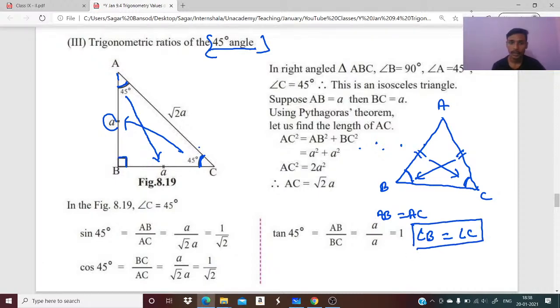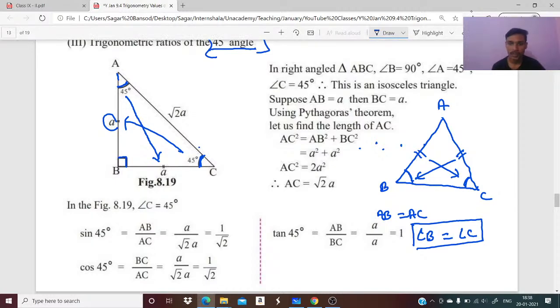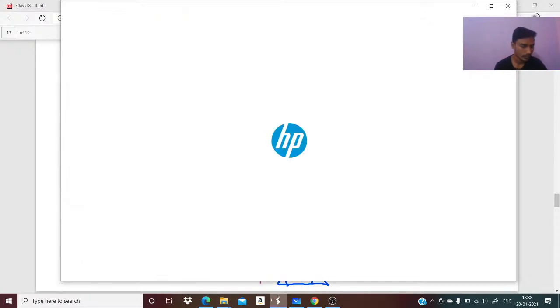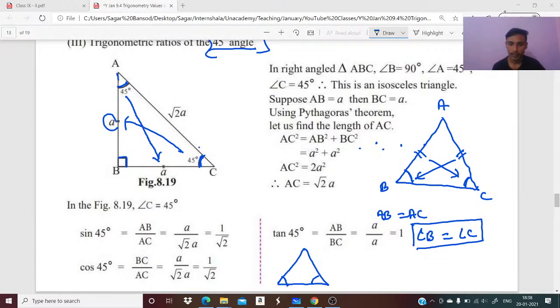Now using this theorem, suppose that I have a triangle, and it is given that these two angles are equal. Suppose I have a triangle PQR, where these two angles are equal.